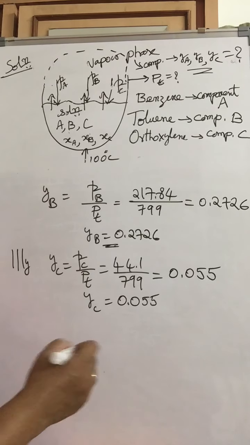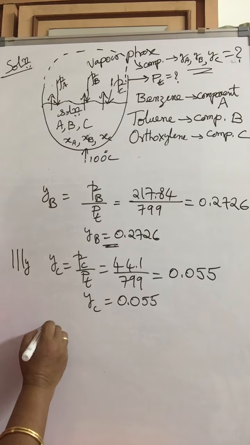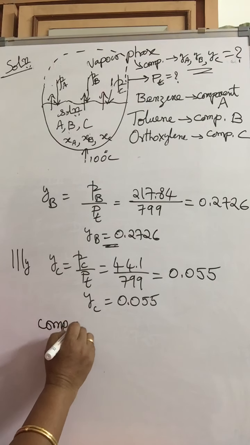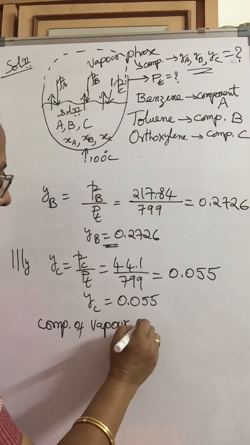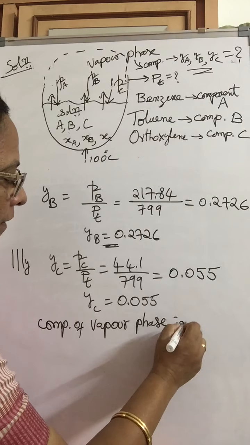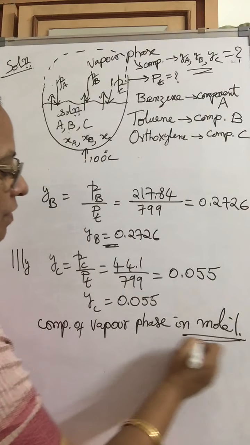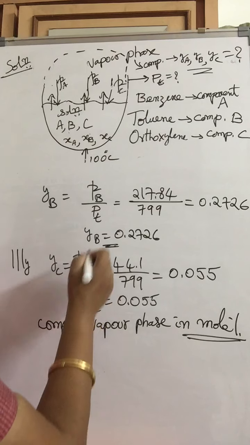But the final answer we will express in terms of percentage. The concluding point is the composition of the vapor phase in mole percent. A is benzene.